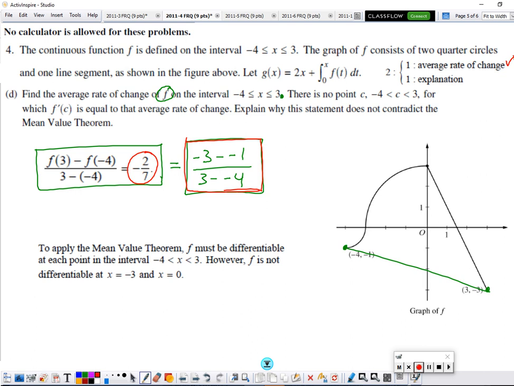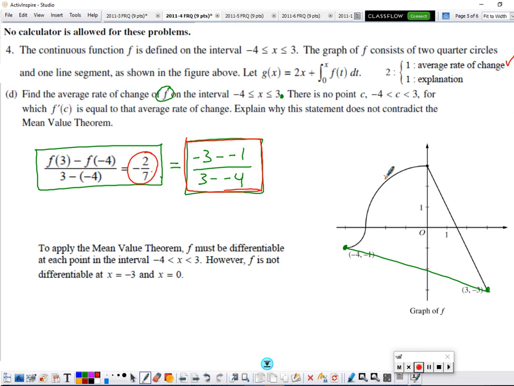Now I keep reading. There is no point C between here and here, so there's no x-coordinate where the tangent slope of f is the same as this. You can see it visually. As you follow this curve, watch my pen. My pen can represent the tangent slope. Nowhere along this curve is the slope of my pen the same as this line. Okay, that's the mean value theorem.